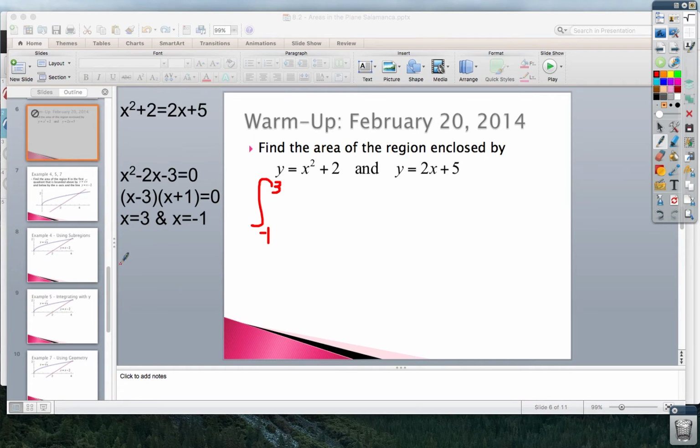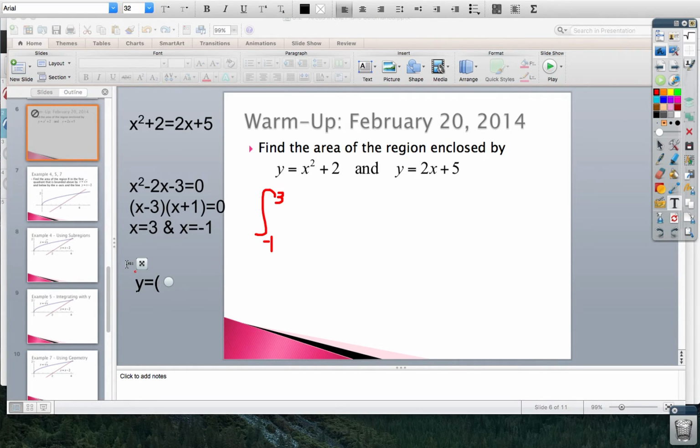When we do y equals 0 squared plus 2, we get 2. And when we put 0 into the second equation, y equals 2 times 0 plus 5, that's going to turn out to be 5.